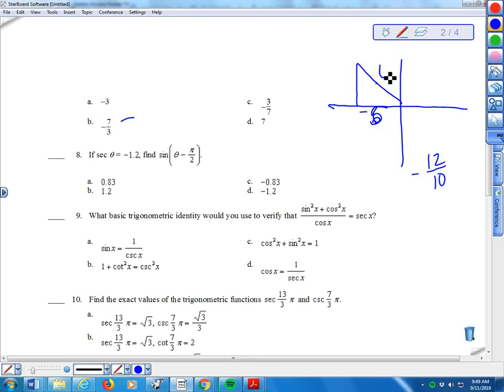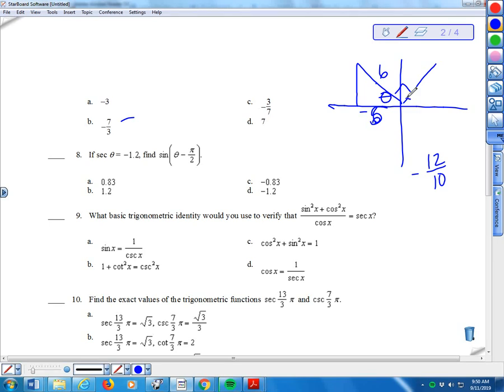This would be 6, for secant. And I'm trying to find sine of theta minus pi over 2. Well, theta minus pi over 2, that's theta minus 90. This is theta, right? If I go 90 here, this is theta minus pi over 2. I'm subtracting pi over 2 from theta.